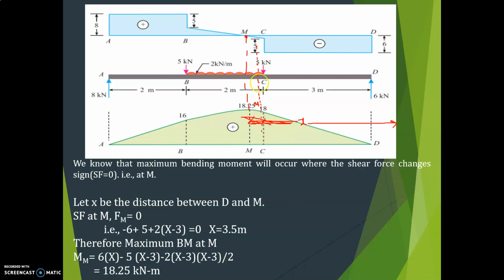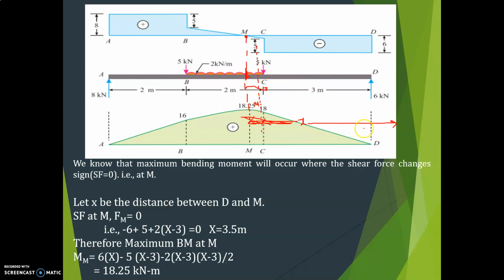Now the shear force at this point you have to calculate. Here, shear force at M. What is the shear force at M? Till here we have to consider this side: right side upward is minus 6, plus 5, and this UDL of 2 into, we want only this distance because we are considering shear force at this point M. So what is that? x minus 3.